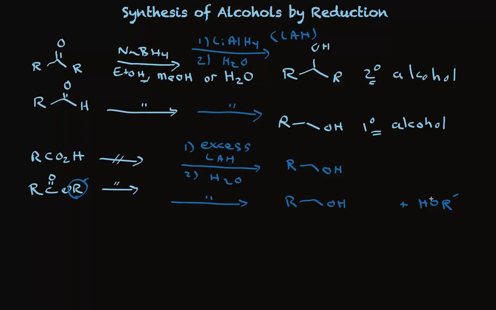So the take-home is that aldehydes and ketones are reduced both by sodium borohydride and lithium aluminum hydride, but only LAH reduces acids and esters. And in 3 of these cases, the product is a primary alcohol.